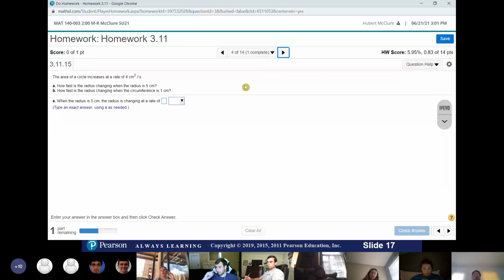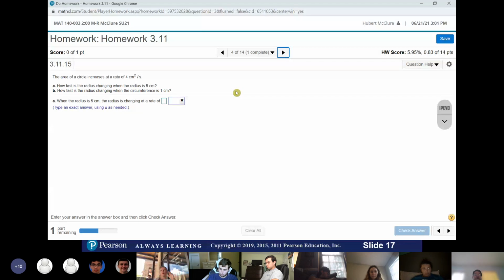The area of a circle. What's the area of a circle? Somebody tell me quick. Pi r squared. So you know right off that you're going to be taking the derivative of pi r squared. So I would write down A is equal to pi r squared, and then I'd write down the problem.